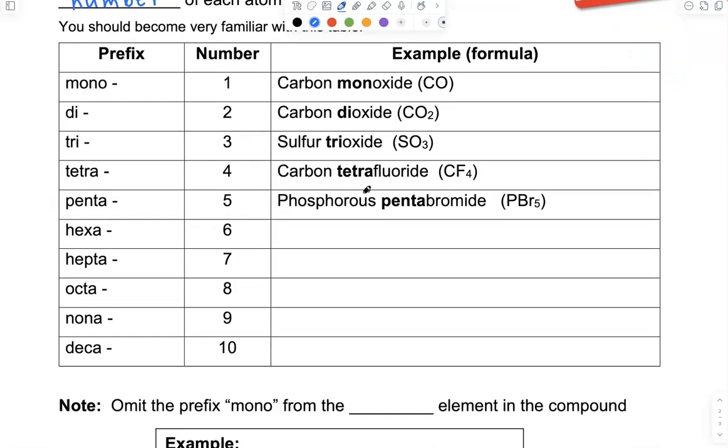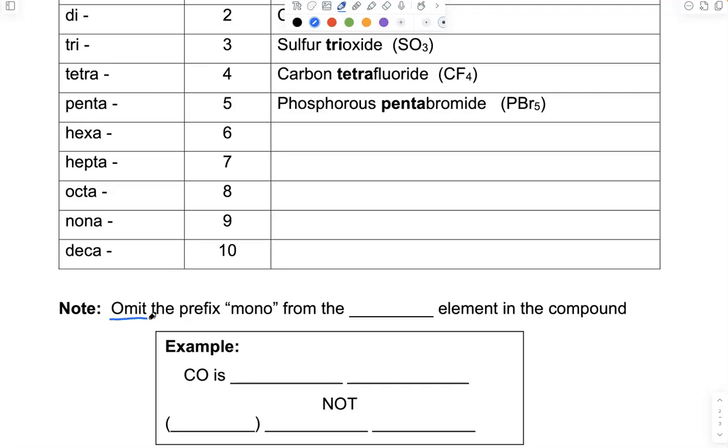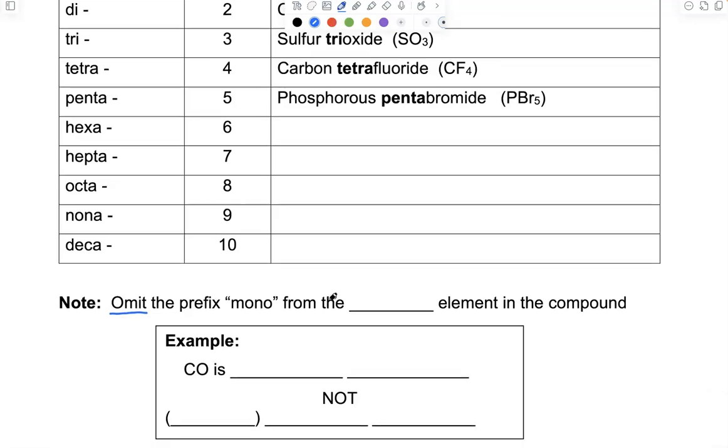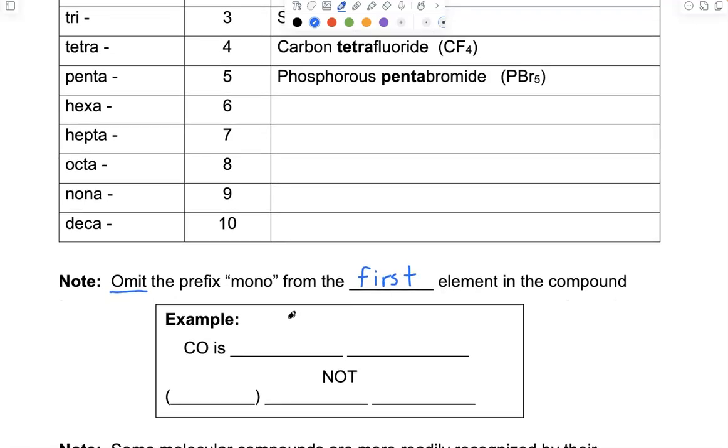The one rule you must keep in mind is that we're not going to use the prefix mono for the first element in the compound. So for example, when we have something, you see we have 1 carbon and 1 oxygen.